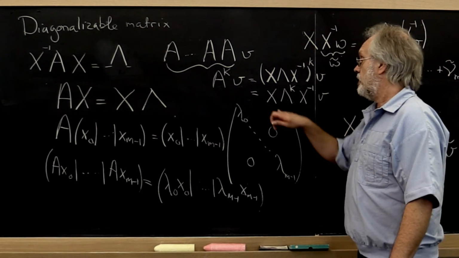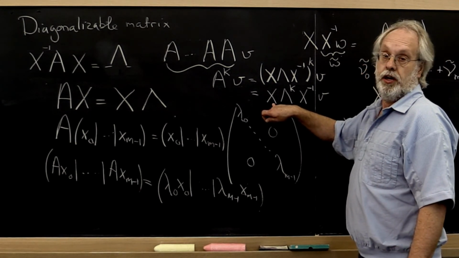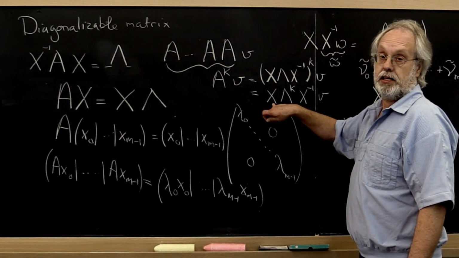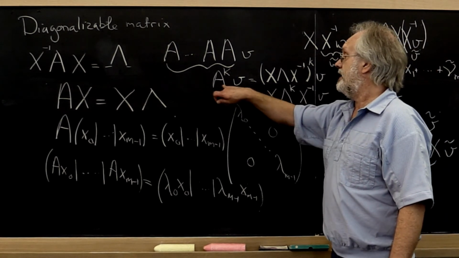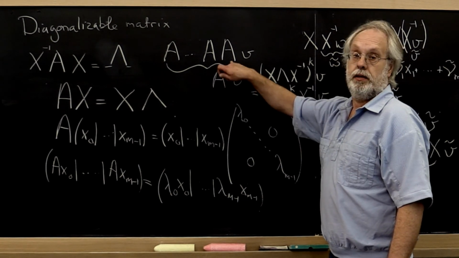And then once you're done with that, you take that vector and you multiply it by X, and what you have is the net result of having applied A to the vector v k times.